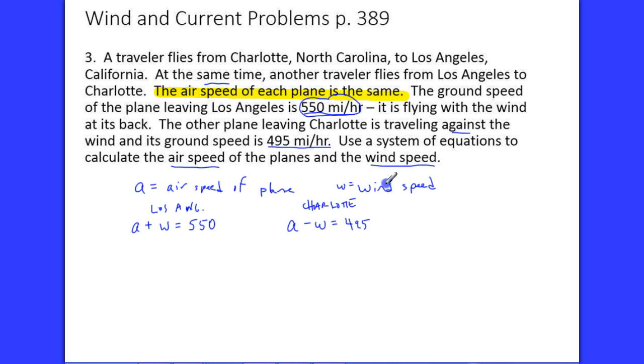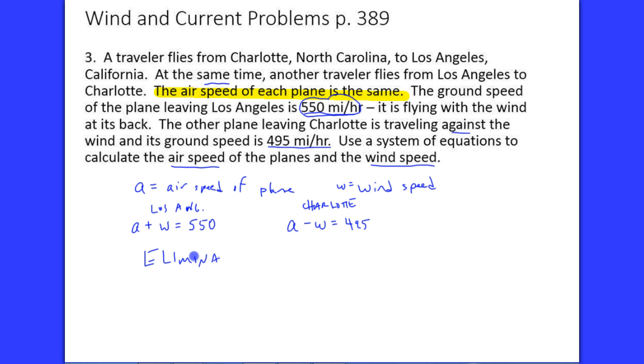And by the way, as we say this, we are talking about the average rates and the average speeds of the air and the wind because it's changing, it's speeding up and slowing down all the time. We're just saying an average over a period of time here. Looking at these two, I notice that this is plus W and this is minus W. So a really easy way to solve this particular system would be to use elimination like we learned this week.